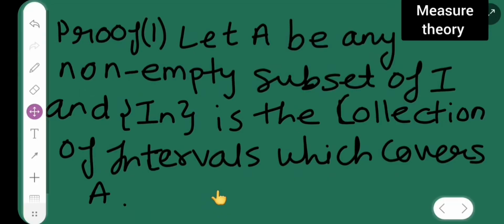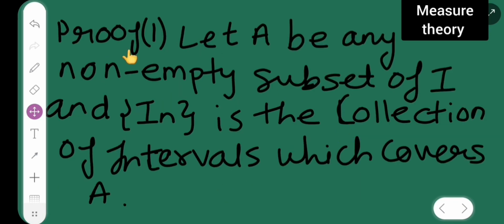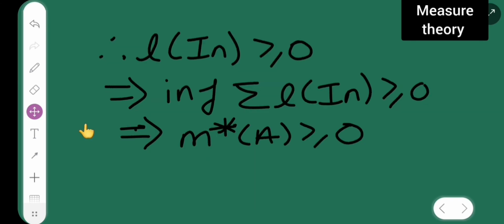This is the first property, that is, M star of A, the outer measure of A, is greater than or equal to 0. Let A be any non-empty subset of R, and In is the collection of intervals which covers A. Therefore, the length of In is greater than or equal to 0.